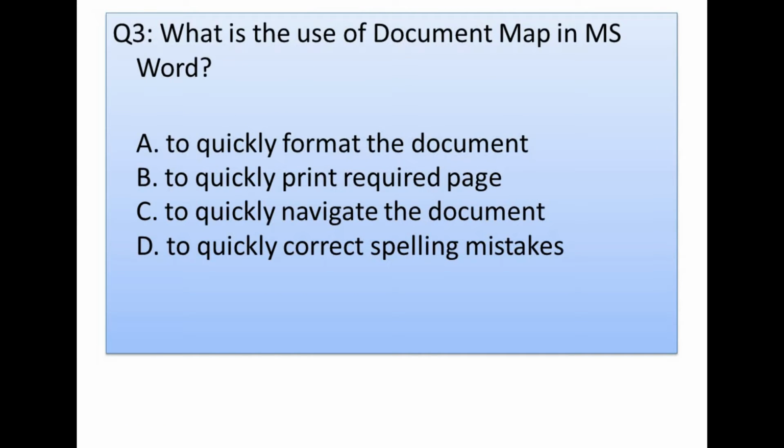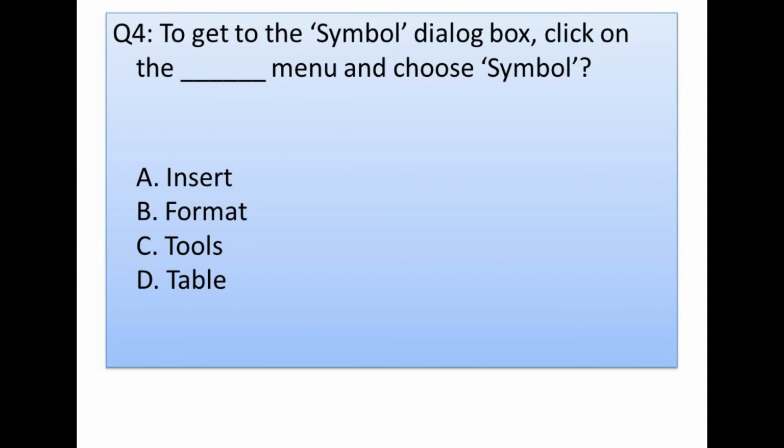What is the use of Document Map in MS Word? To quickly format the document, to quickly print a required page, to quickly navigate the document, to quickly correct spelling mistakes. So the correct option is C. To get to the Symbol dialog box, click on the dash menu and choose Symbol.